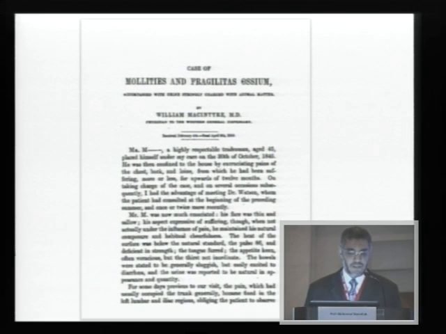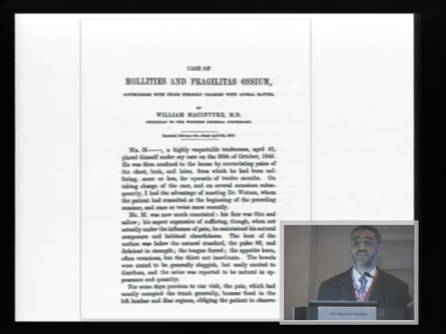The story started when William McIntyre in 1847 found a patient with lower limb edema. He thought the patient might have proteinuria, so as a clinician he started to test the patient's urine. He went to the lab and heated the urine to around 45 degrees.